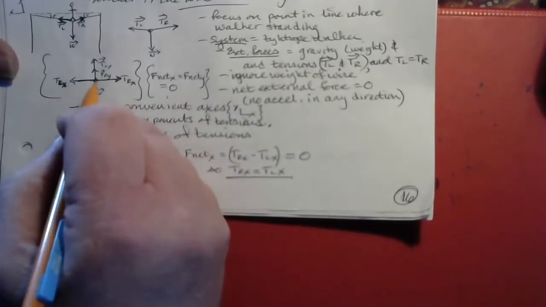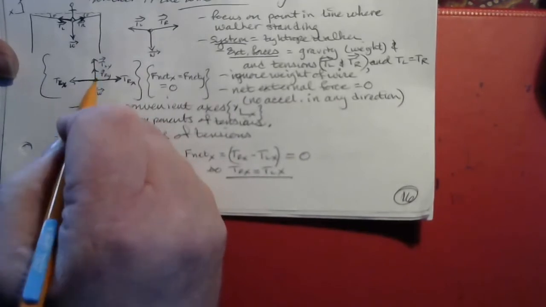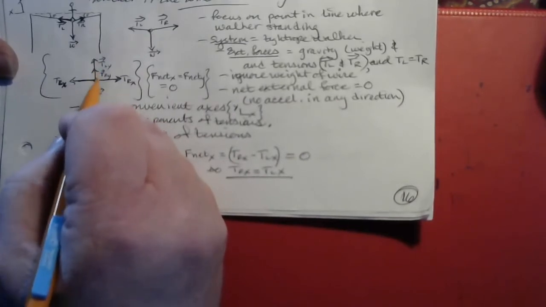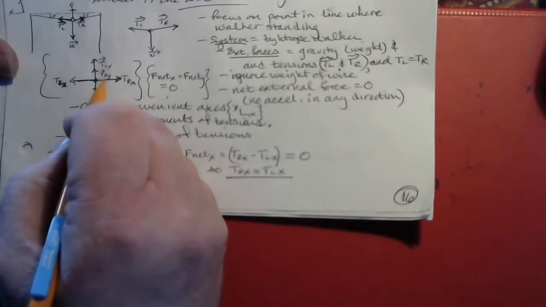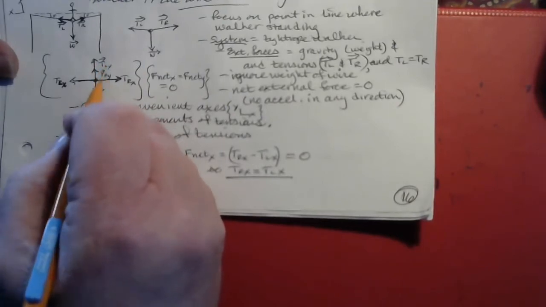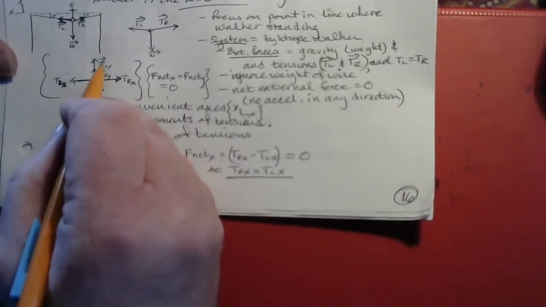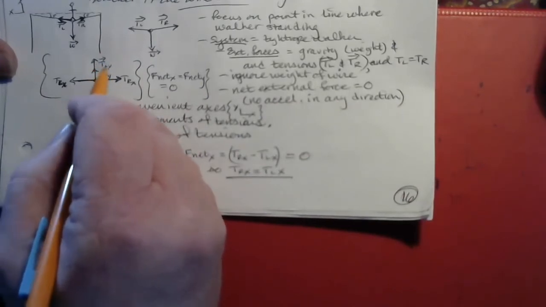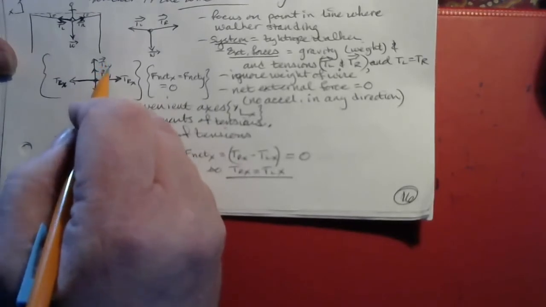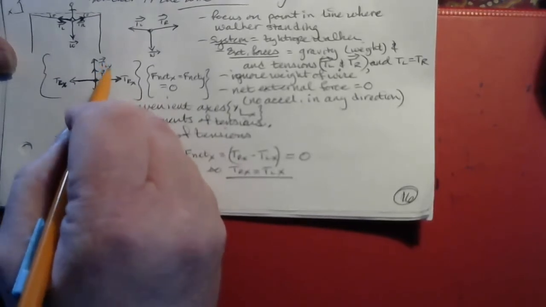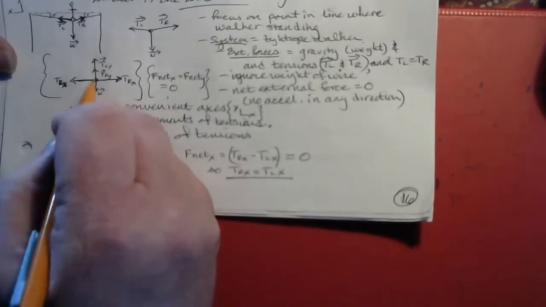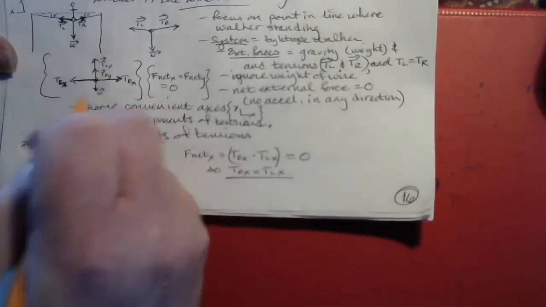The downward force is still in the negative Y direction, and that is the weight. But in the upward direction, you have the Y components of the tension to the right and the left. So TRY for the right-hand tension in the Y direction, and TLY for the left-hand tension for the Y component of it. And those would be pulling straight up in the Y direction.